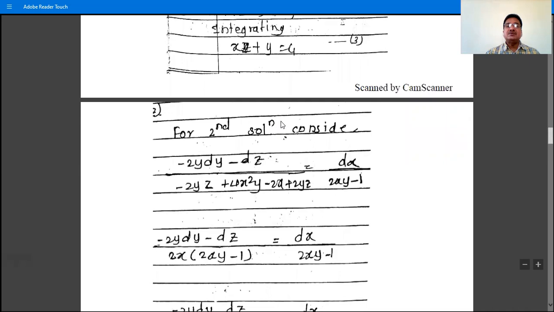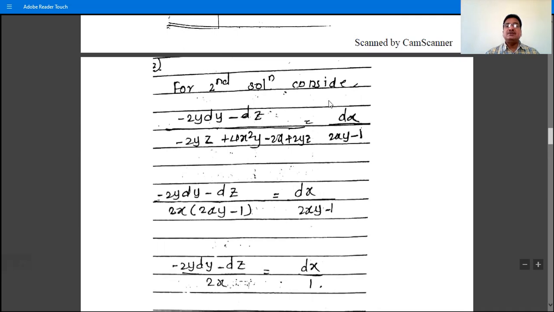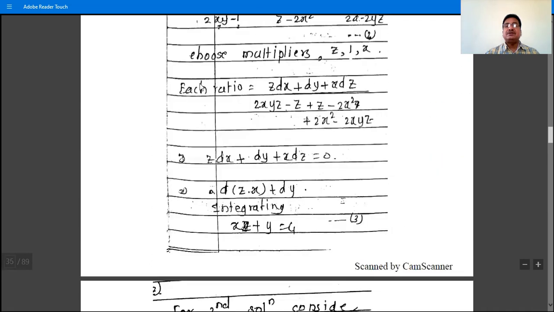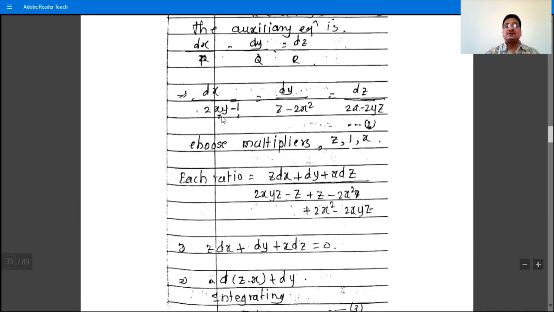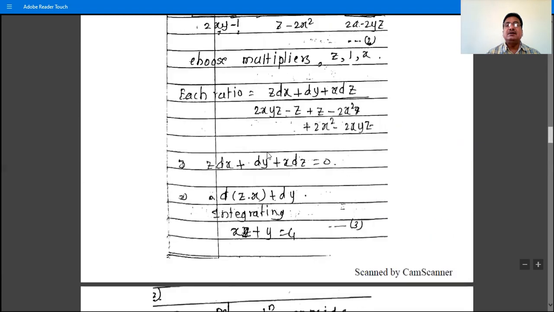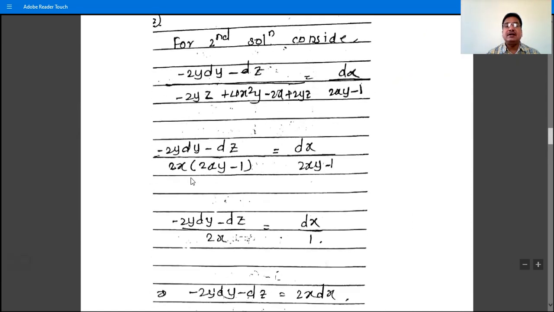Now we have to find another solution of this equation number 2. For the second solution, consider the multipliers 0, -2y and -1, and in place of each ratio consider the first ratio dx/(2xy - 1). Then the denominator is, taking 2x as common, -2yz and 2yz get cancelled.